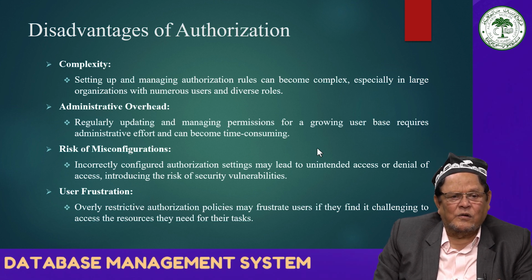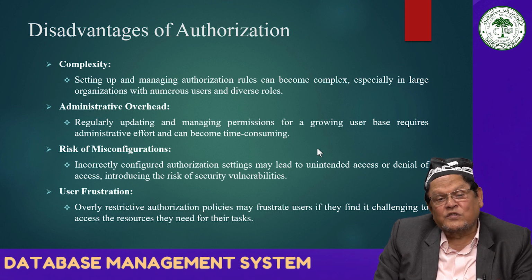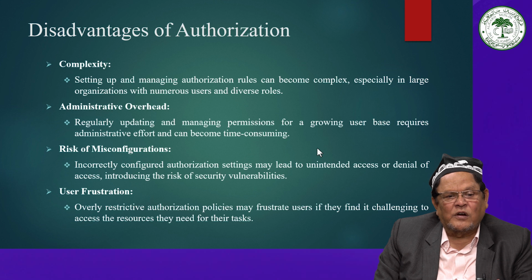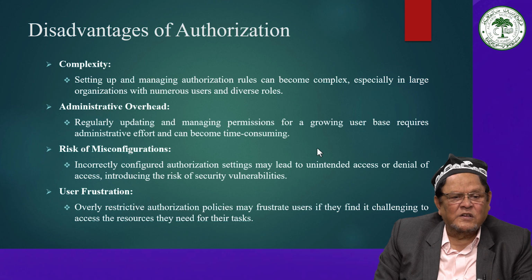Administrative overheads means regularly updating and managing permissions of a growing user base requires administrative effort and can become time consuming. Risk of misconfiguration: incorrectly configured authorization settings may lead to unintended access or denial of access, introducing a risk of security vulnerabilities.